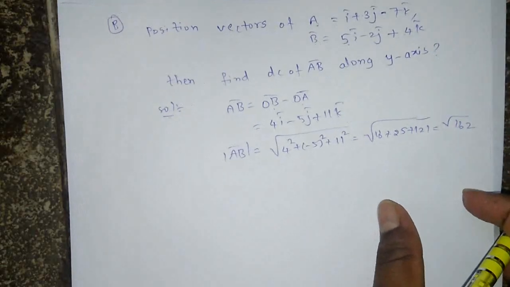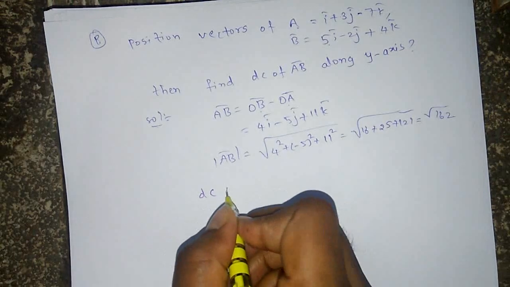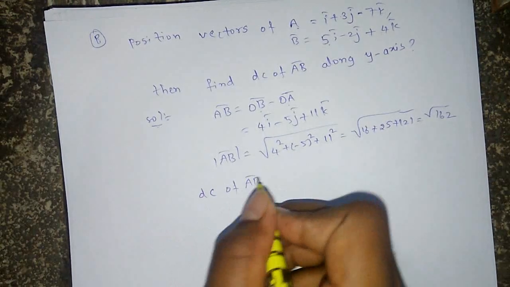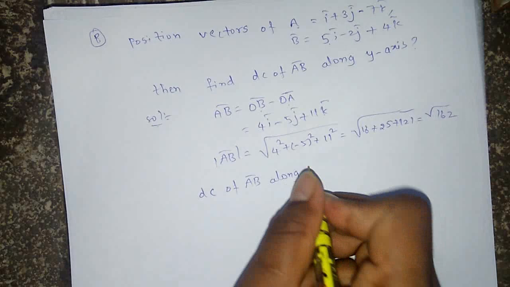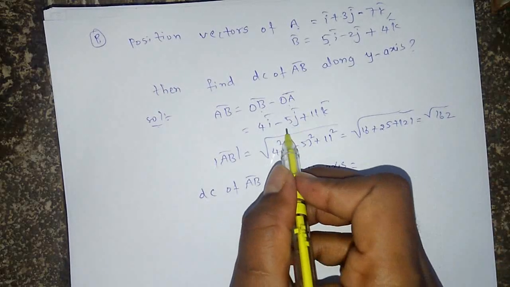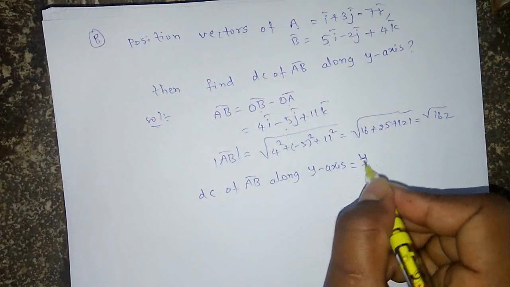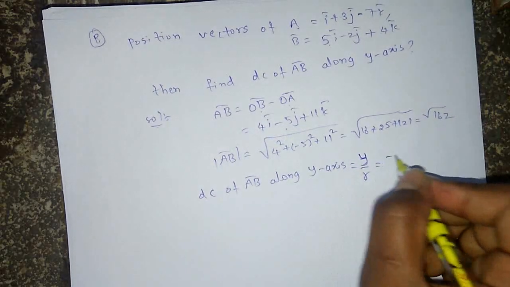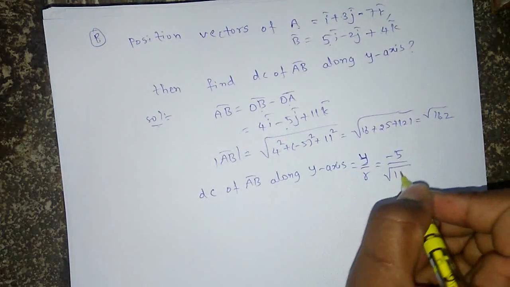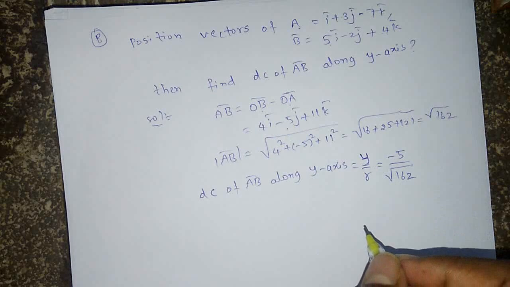Now the direction cosine of AB bar along y-axis: you take the y component, that is minus 5, so minus 5 by root 162 is the direction cosine of AB bar along y-axis.